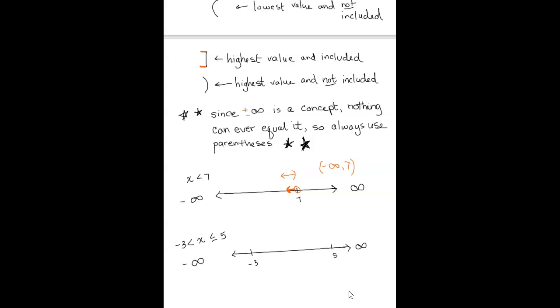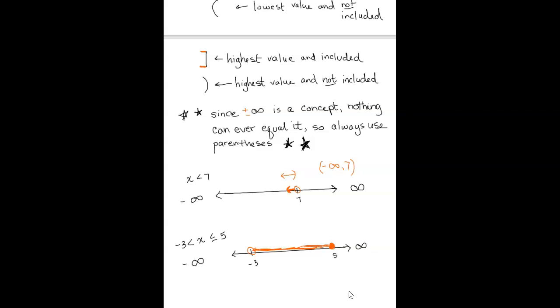I'm saying it's strictly less than, so I'm going to have an open dot, not including my -3. Here I am including my 5, so I'm going to fill that dot in. And then I'm going to have everything in between here.